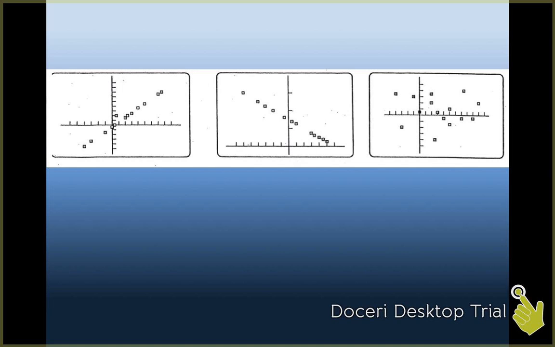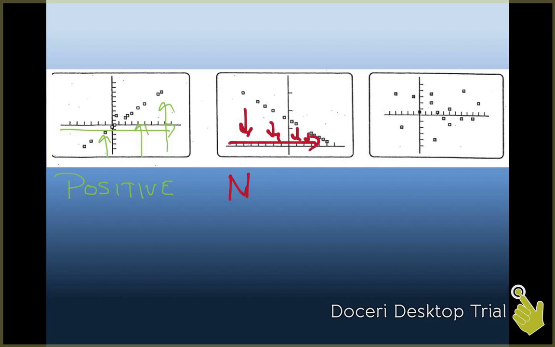So this first one here, if you look, as your x is going to the right, your y values are always going higher and higher and higher. So this is an example of a positive correlation. The second one here, as you're going to the right, your numbers are going down. It's getting closer and closer to the axis there. They're moving down.